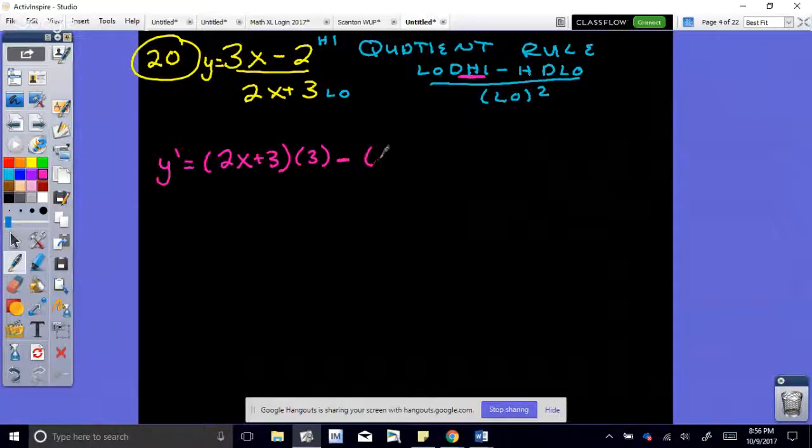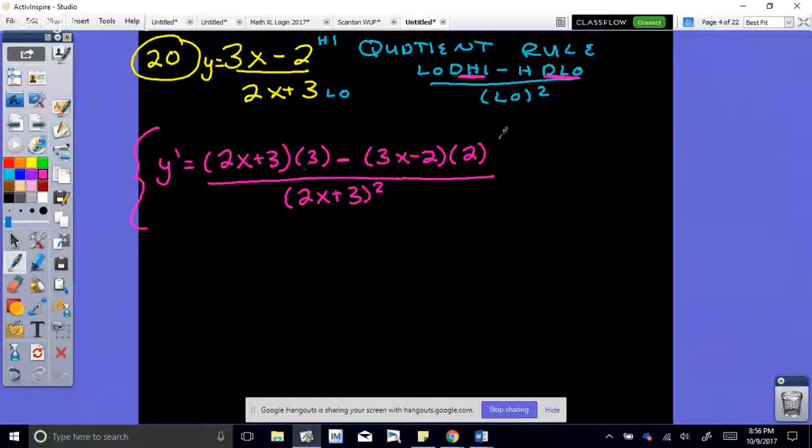A minus. Now we're going to take the high function, 3x minus 2, times the derivative of the bottom function, or the low function. The derivative of 2x plus 3 is just 2. We're going to take all of that divided by low squared, which is the bottom function squared. So (2x plus 3) squared.